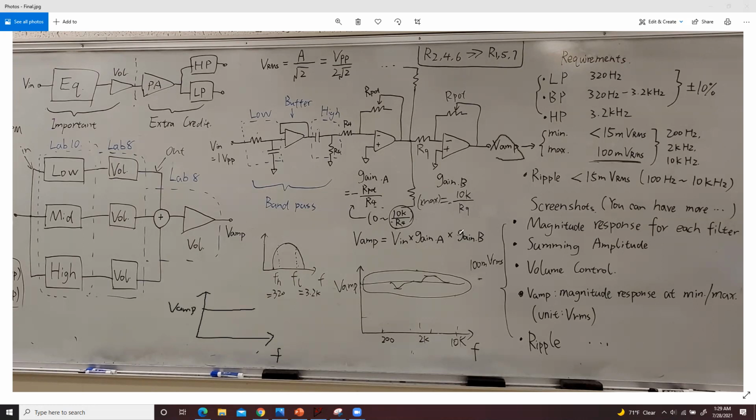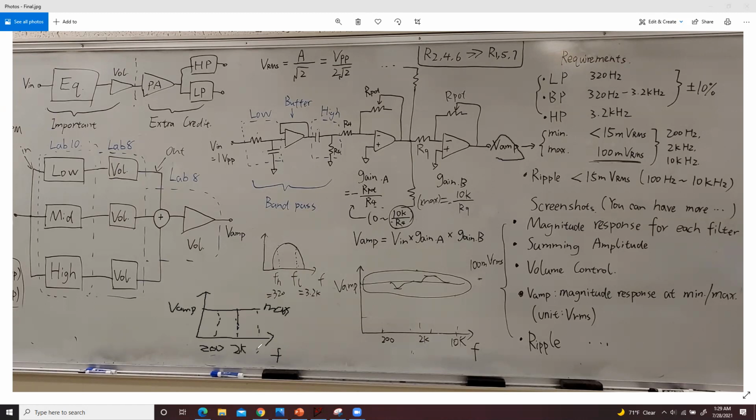Ideally, when you tune all the potentiometers to maximum, you will have a straight line, something like this. Let's say this is 200 hertz. Sorry, this is 2K hertz.